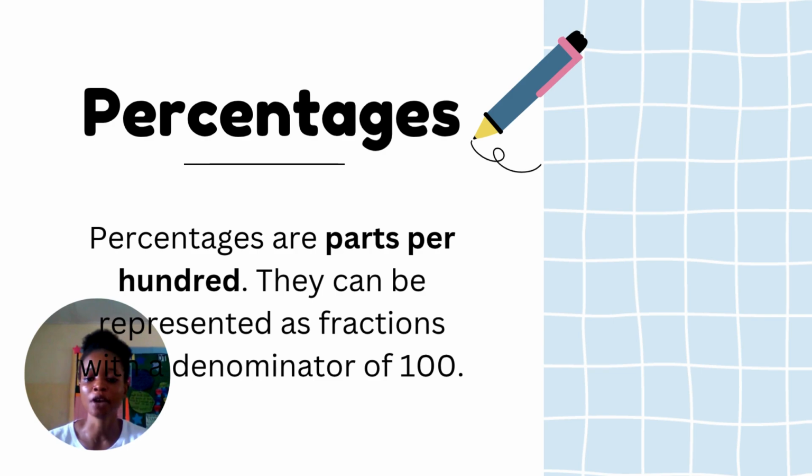When you want to write them down, you write them down as a fraction, but the denominator must be 100. So you can have 5 over 100, 20 over 100, 30 over 100, 40 over 100, 50 over 100, and so on. So when you want to represent a percentage, you represent it as a fraction with a denominator of 100.